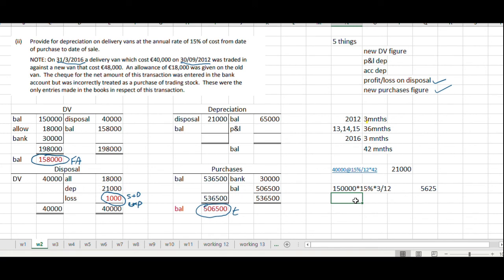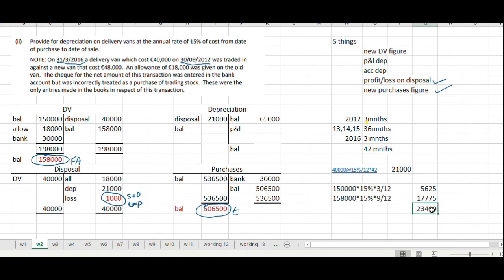For the remainder of the year, we had 158,000 at 15% times 9 over 12, which would give us 17,775, giving you a total of 23,400.